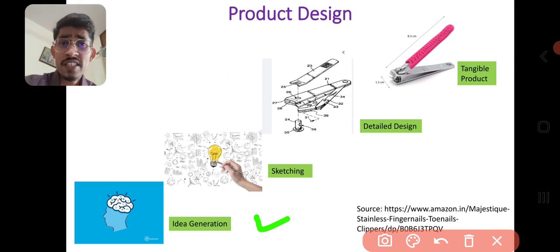Then the second stage, where I can conceptualize those ideas, is concept generation. With multiple findings, maybe three or four alternatives come into my mind, and out of those alternatives I will discuss with my colleagues, my supervisors, and my students.